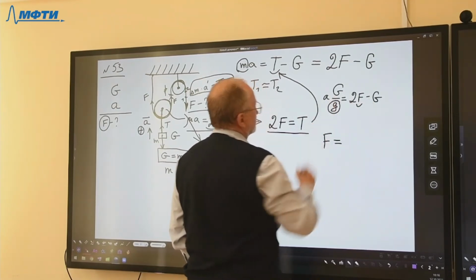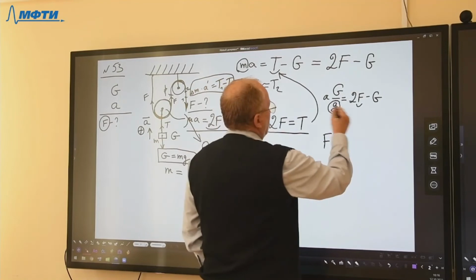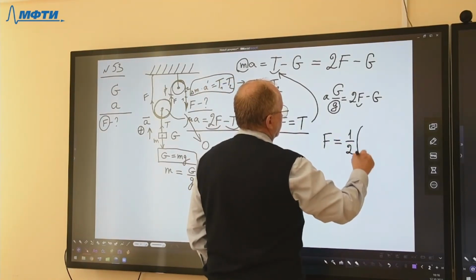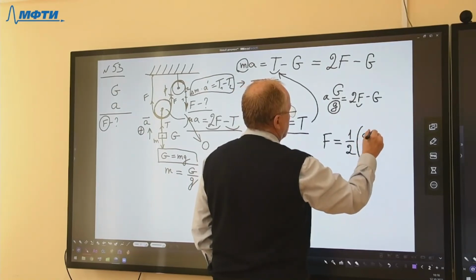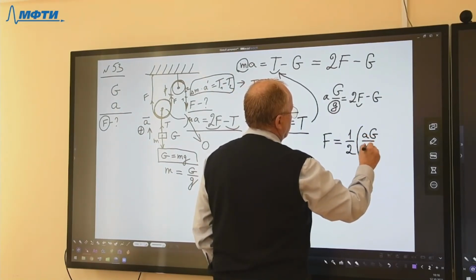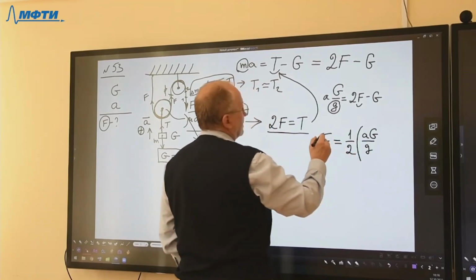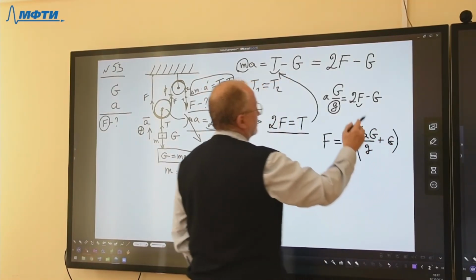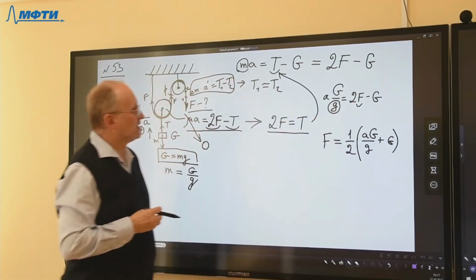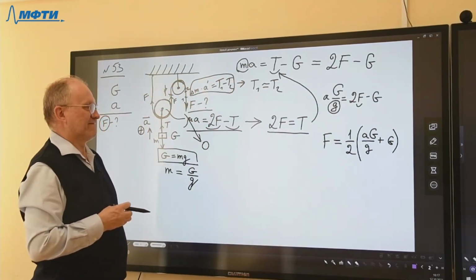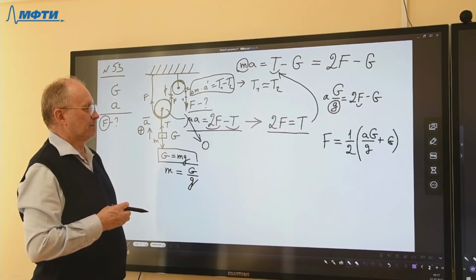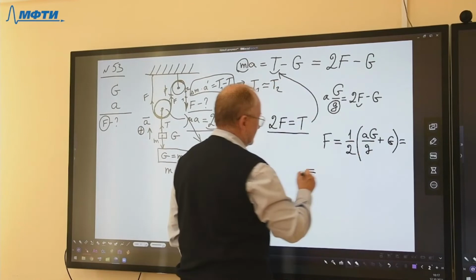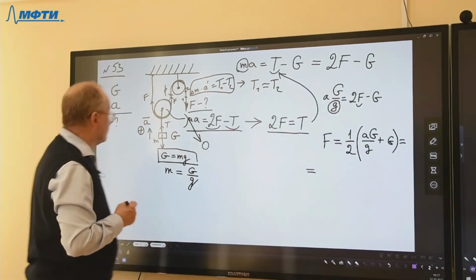To solve this equation, we will take this expression divided by 2. That will be A capital G divided by small g plus G. That may be considered to be the answer, the final answer to the problem.